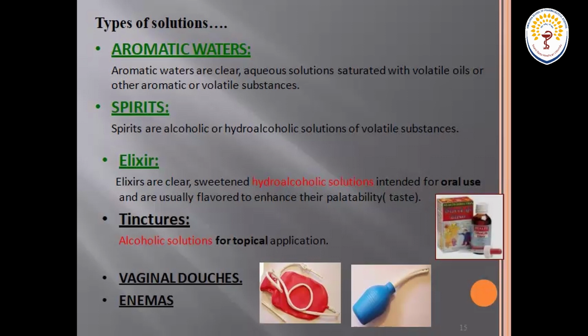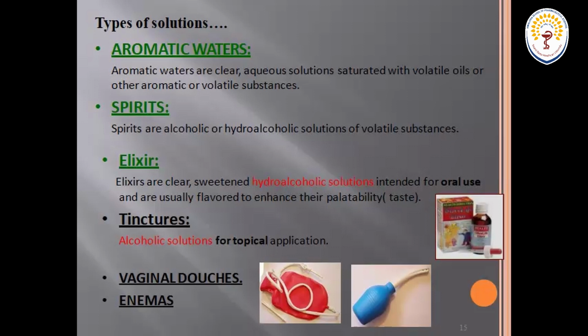So, elixirs are clear, liquid, oral, alcoholic solutions containing potent nauseous drugs which are plentifully flavored and use attractive color. They are more stable than a mixture. Classification: non-medicated elixirs and medicated elixirs.